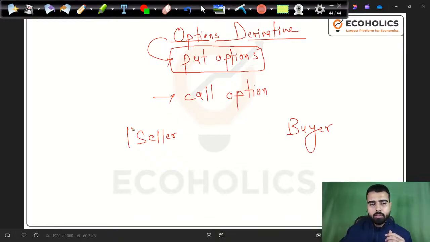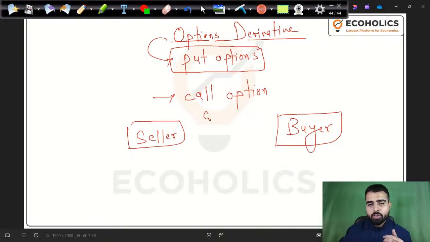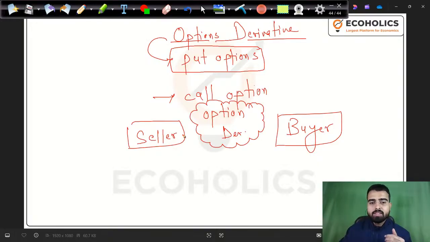The seller will sell the option derivative and the buyer will buy it. Now this option derivative can be a put option or a call option.